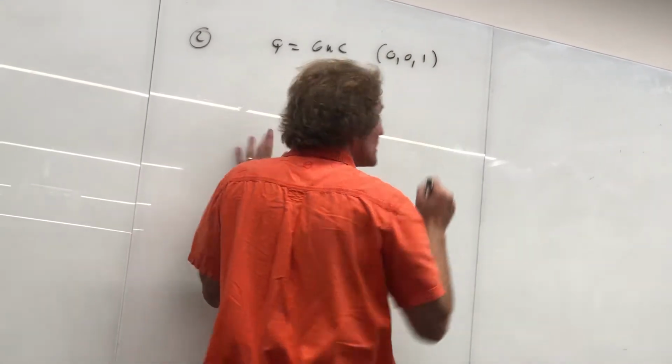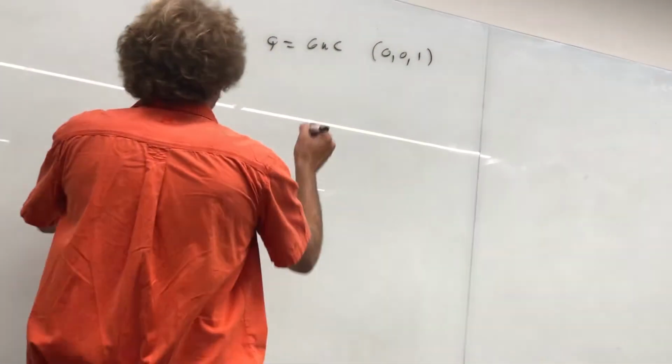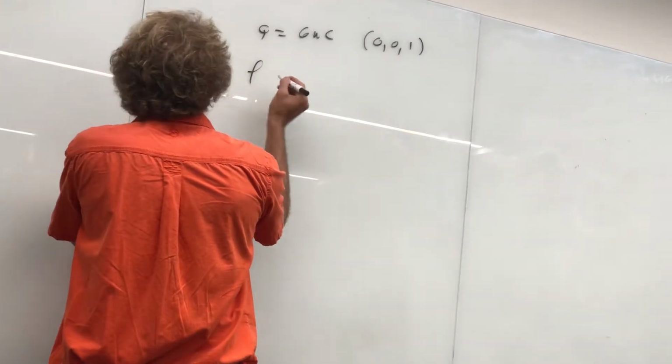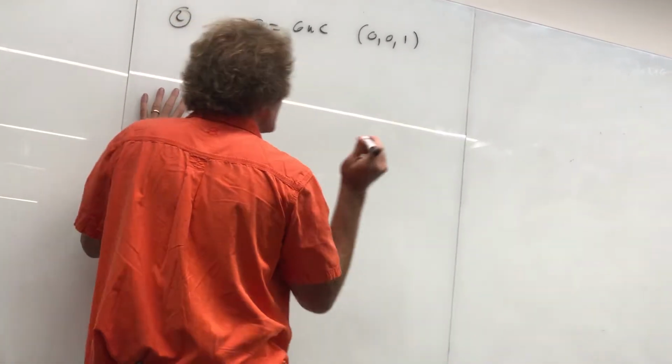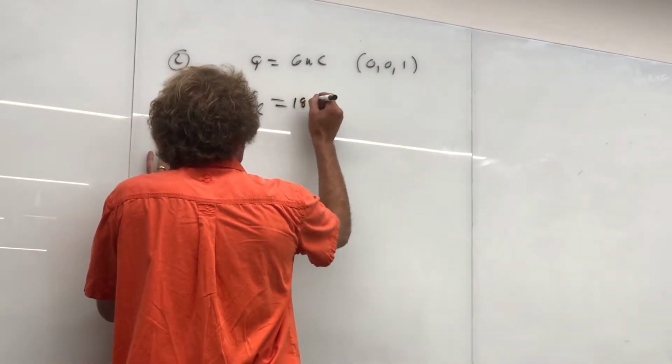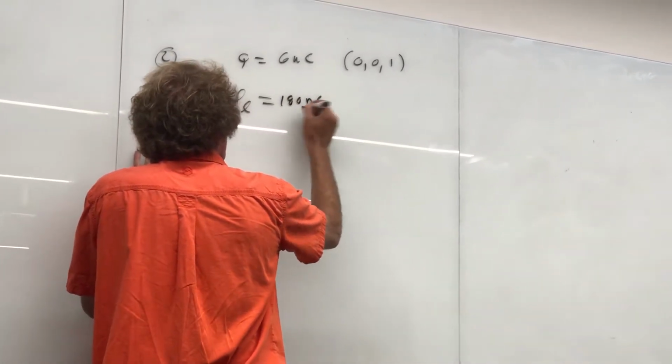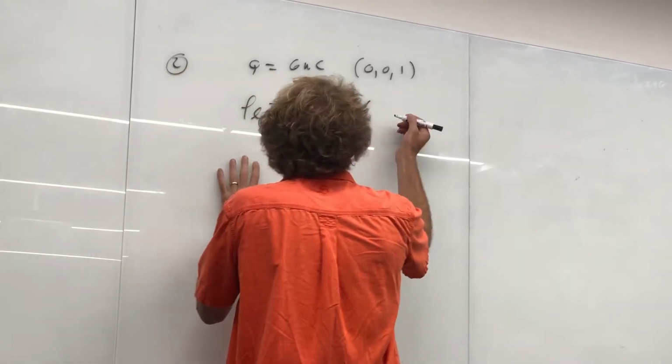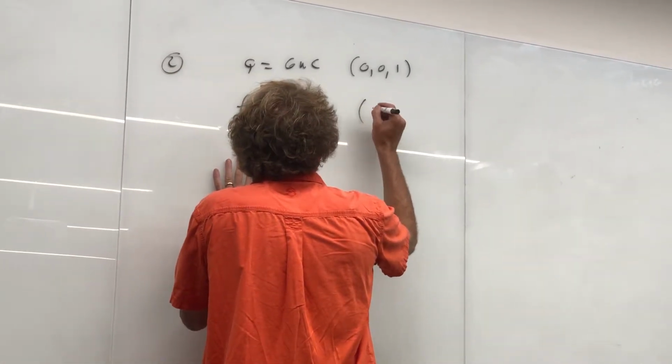Then we have a line charge, rho L, equal to 180 nanocoulombs per meter, and it lies along the x-axis.